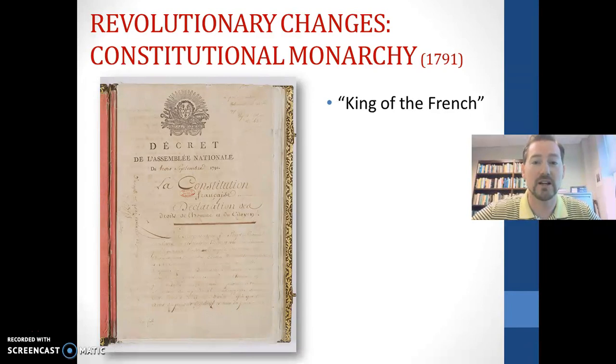The idea here was that there's a new French nationalism coming into being, and that monarch, that king, is going to be of the French. He's going to be part of that nation. So it seems like a minor distinction, king of France versus king of the French, but it really does reflect the rise of nationalism in France at this time.